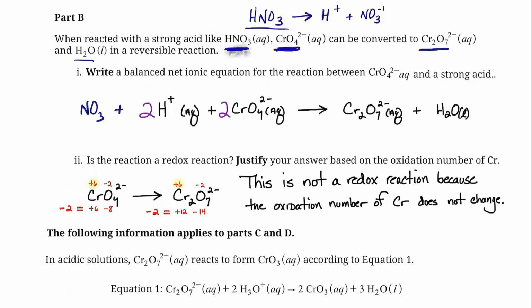You don't see any nitrogens anywhere on the product side, so that nitrate would be on both sides of the reaction, which means if I'm going to use 2 nitrates as we balance, and I produce 2 nitrates, I'm not using them, this would cancel. So we don't ever add spectators. Okay, they're not part of the overall reaction, so let's get rid of them.